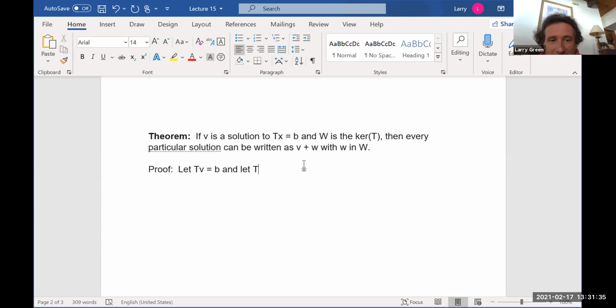It means that T of w equals 0, because kernel means that if you plug in, you get 0. Anyone lost on that? It's very simple, but you have to understand it. So kernel means that if you apply T to it, you get 0. Any questions on that?